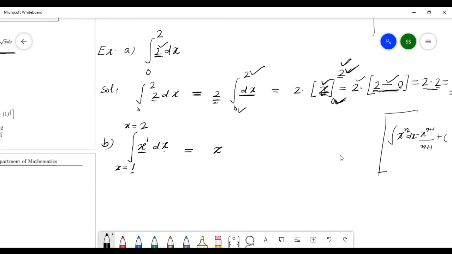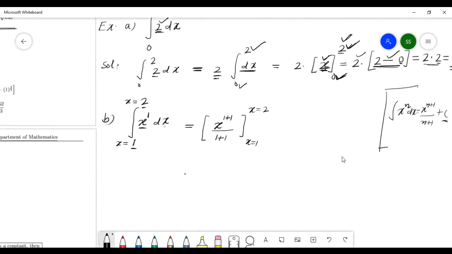If we have limits, this c is not needed. So here n equals 1, so it is x power 1 plus 1 divided by 1 plus 1, and here put the limits x equal to 1 to x equal to 2, this way, right?